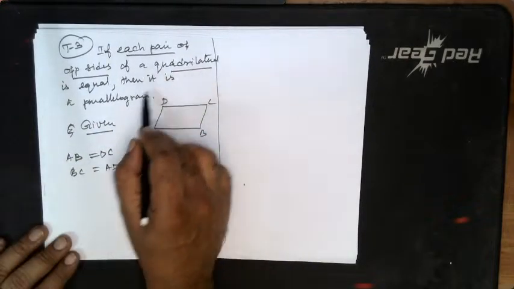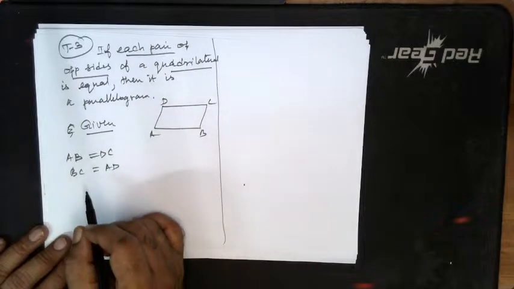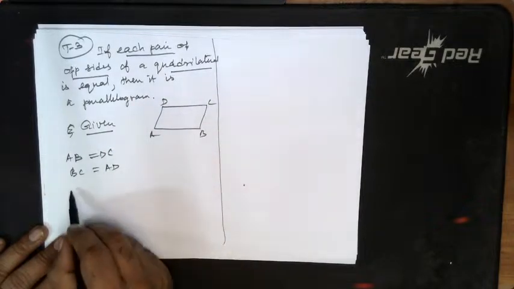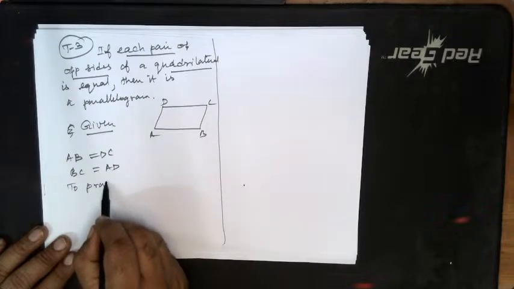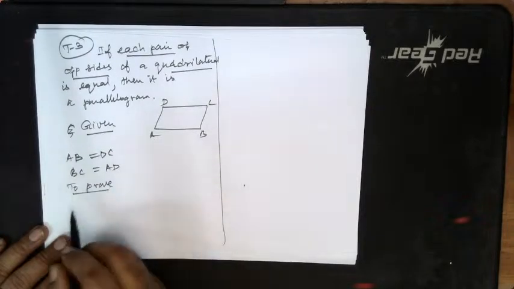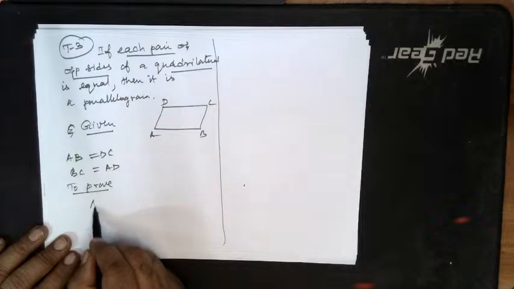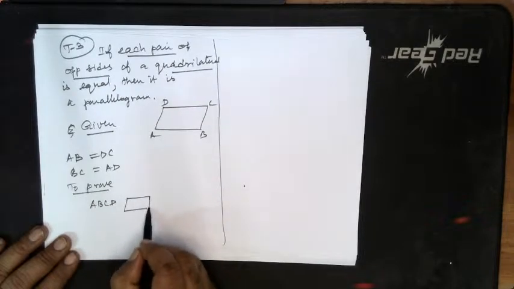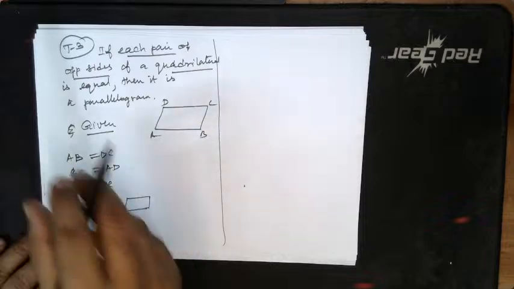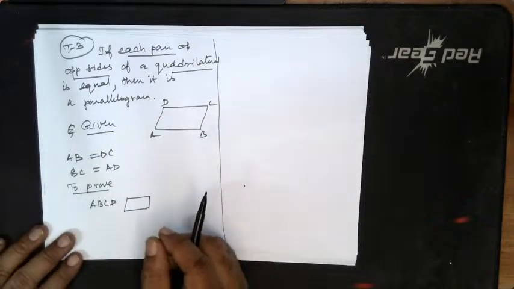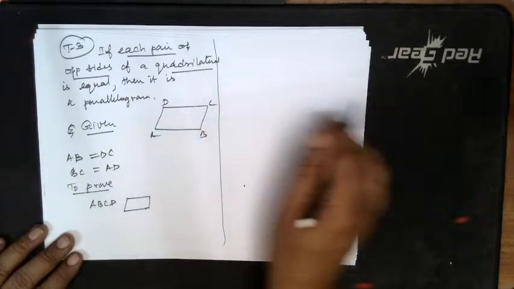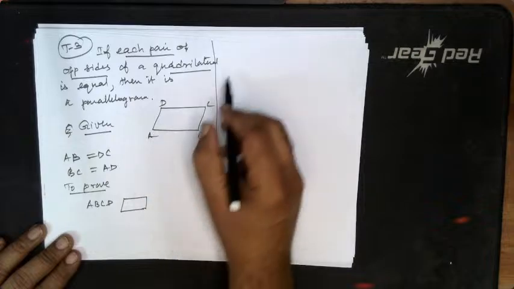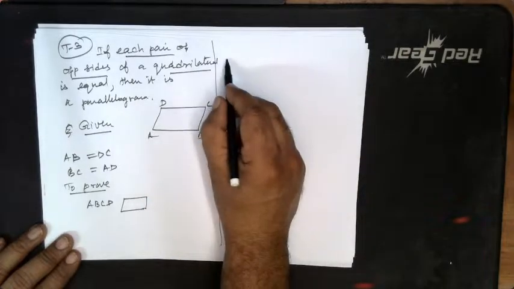Now it is declared as a parallelogram. So to prove that ABCD is a parallelogram. Okay, so for which once again we have to apply the rule. Now what you are supposed to do, you can draw. So proof, let us go for the proof.